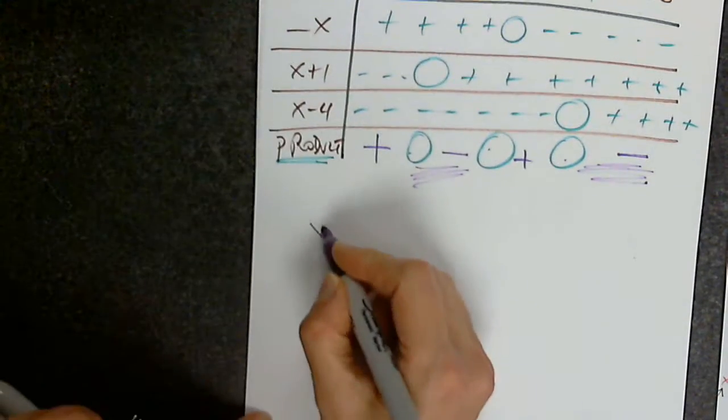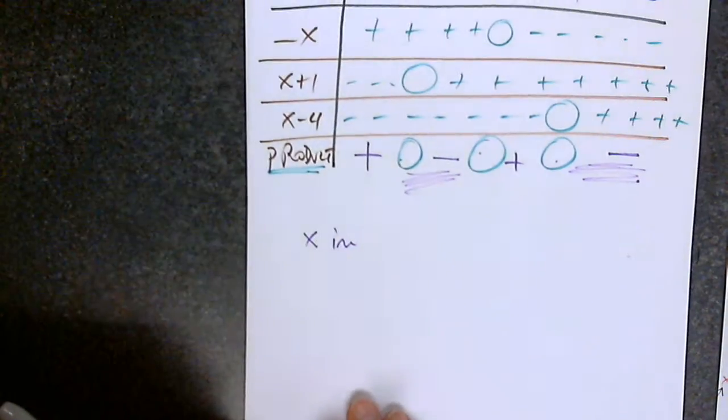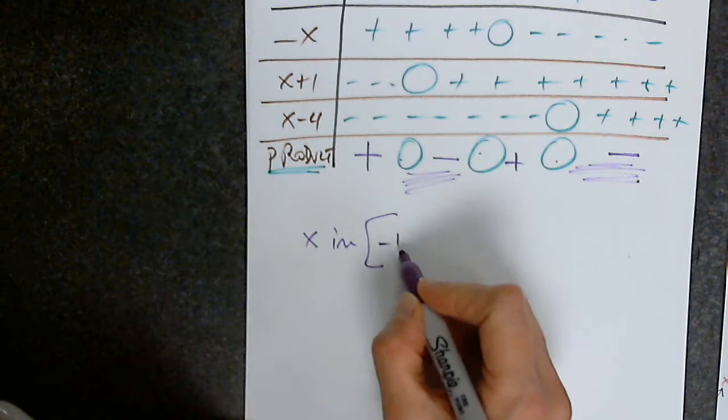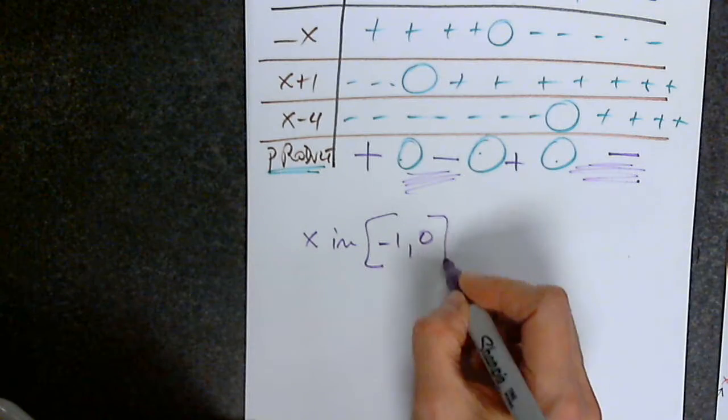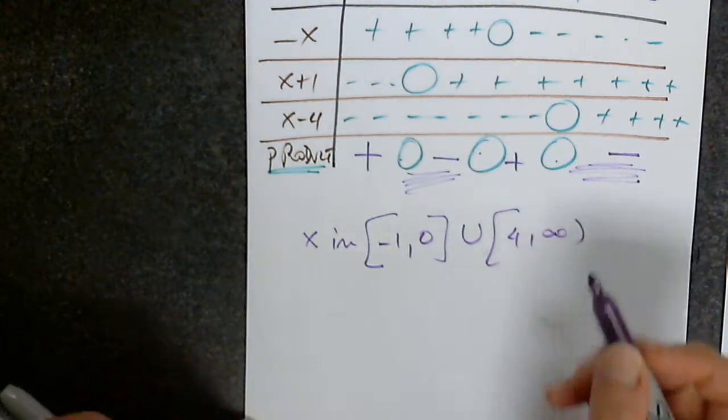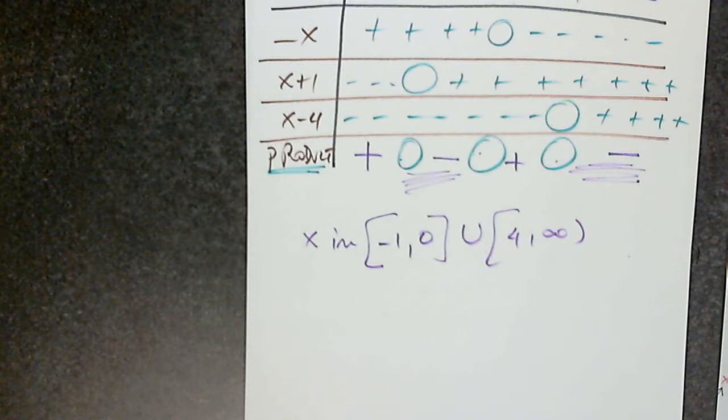So that's how I write the solution, x in the interval. Bracket. Exactly, because there is a 0, yes. Negative 1, comma 0. And union bracket 4 to infinity. Awesome. Any questions?